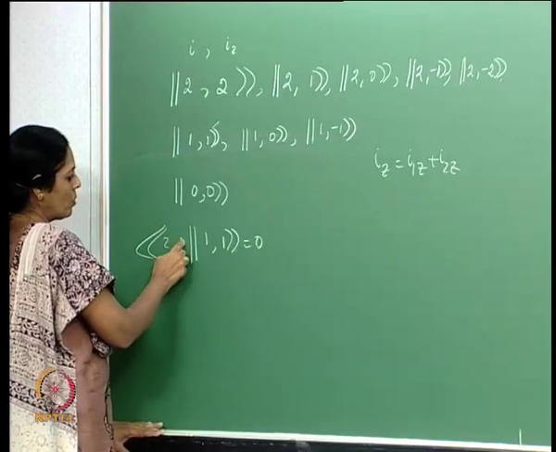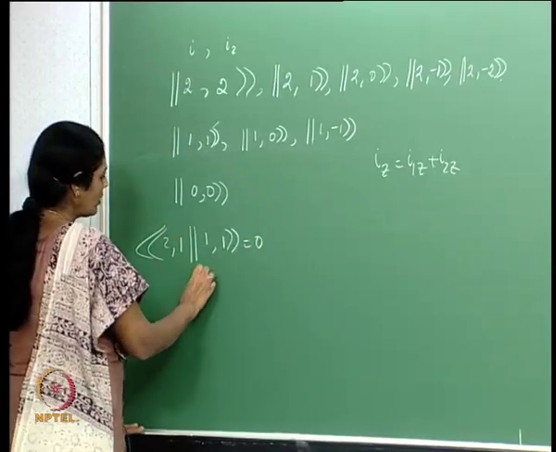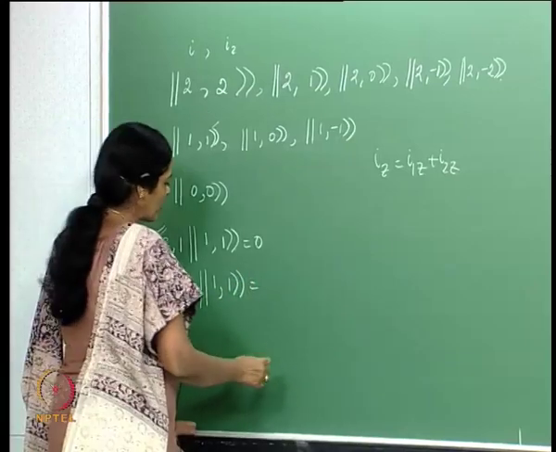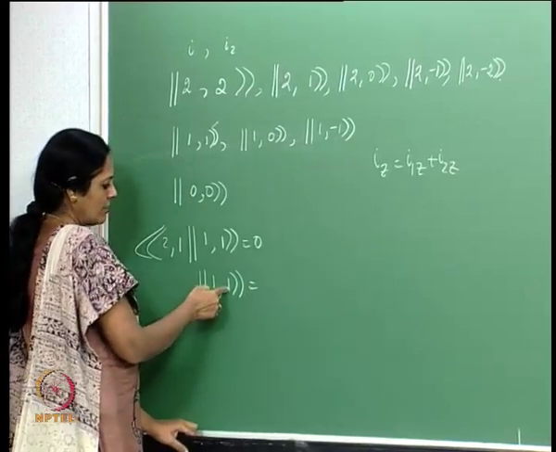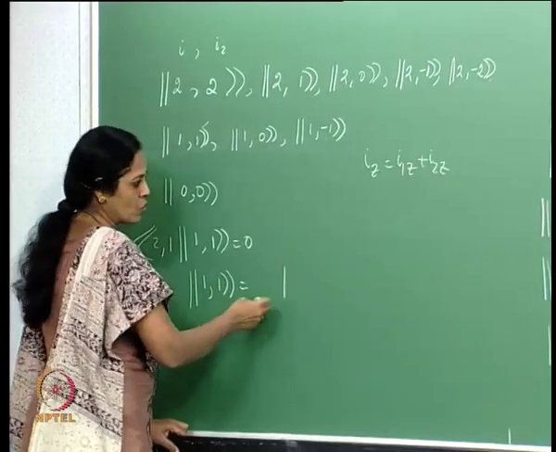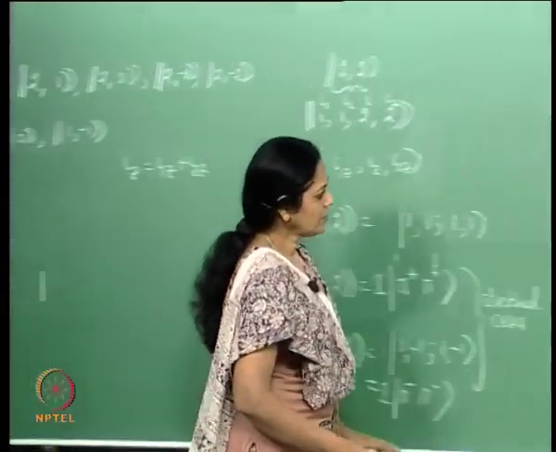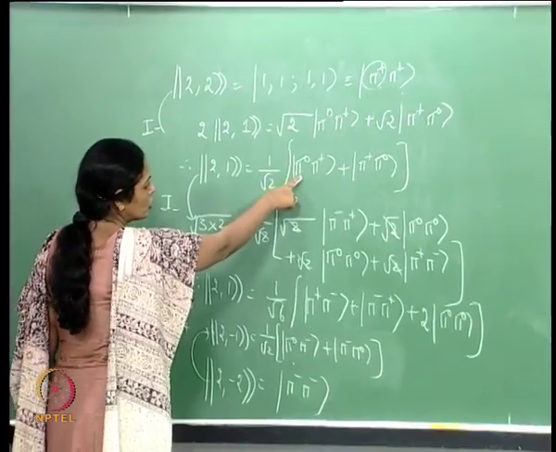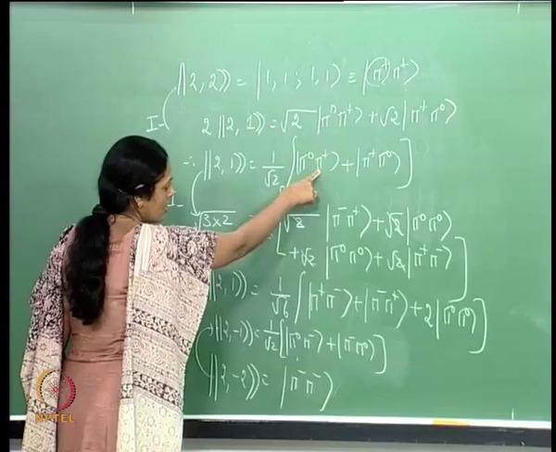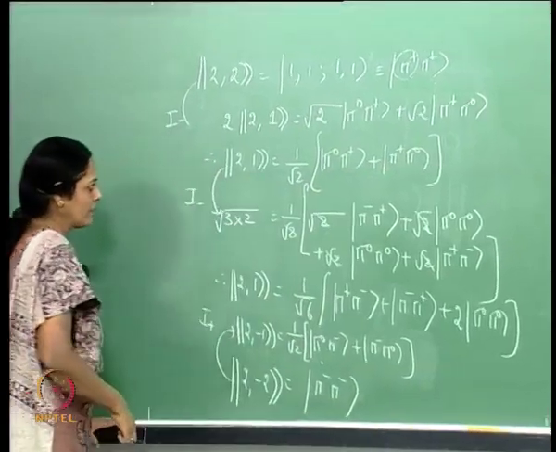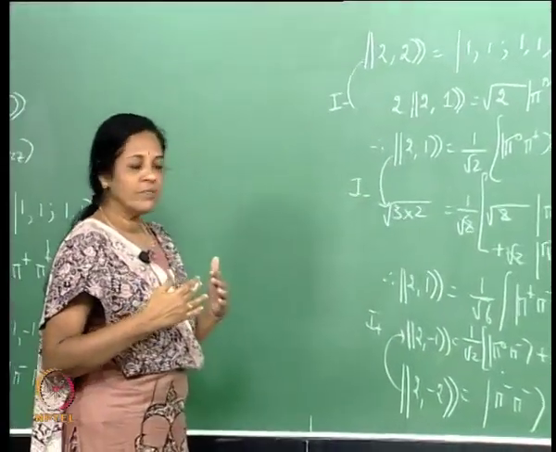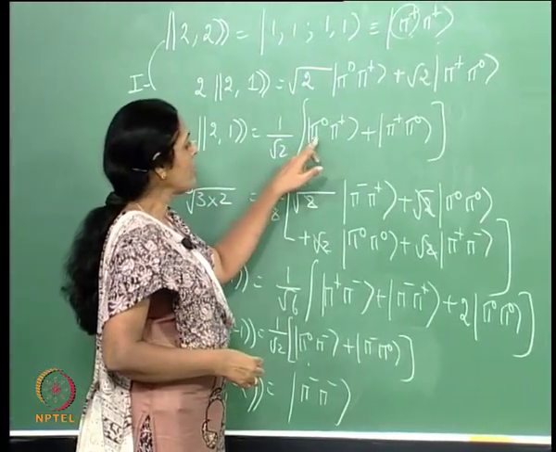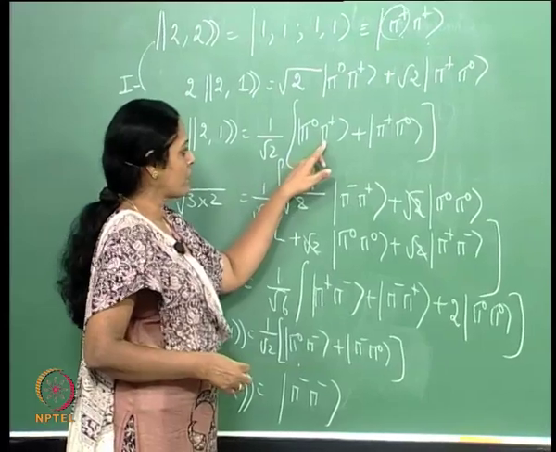I know 2 comma 1. I know that 1 comma 1 is expanded in the following manner, similar to 2 comma 1. It will get a contribution from the state pi naught pi plus, also from the state pi plus pi naught. I wish to re-emphasize the fact that by this we mean pi naught from the first beam and pi plus from the second beam.